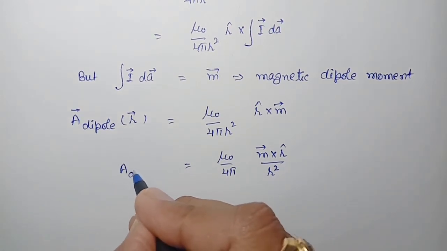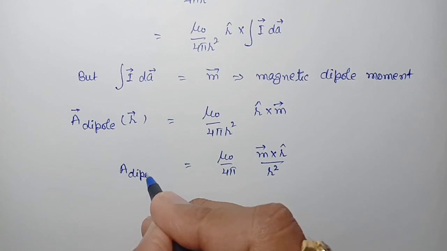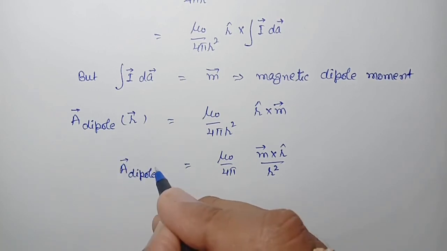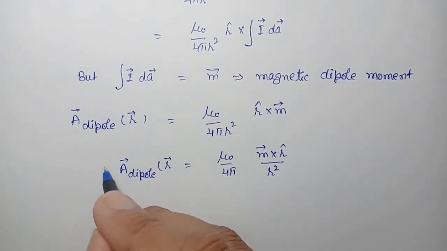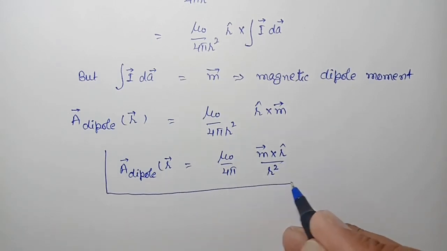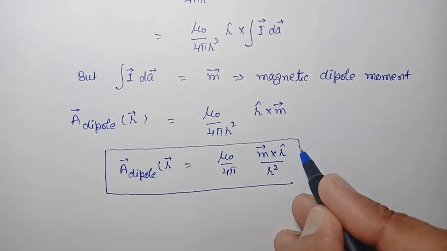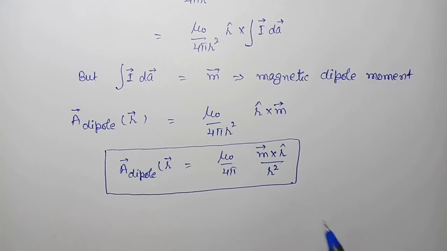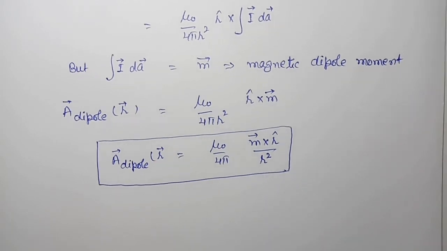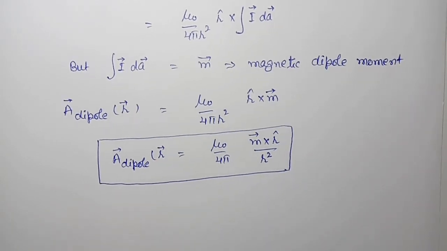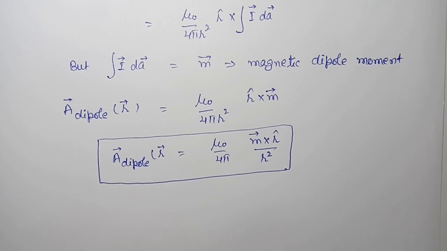That is, the vector potential due to dipole is equal to this. The vector potential due to dipole is the dominating term in the multipole expansion.